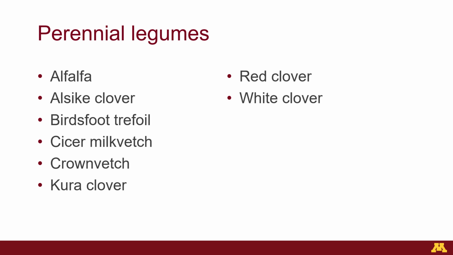In the northern region of the United States, perennial legumes are used to a greater extent than annual legumes. There are several perennial legumes that have been or are currently used for forage. Of these, alfalfa, white clover, and red clover are the most frequently grown, while others are grown in special circumstances or as components of mixtures that we will discuss later.